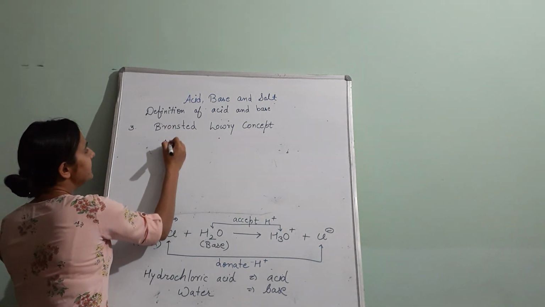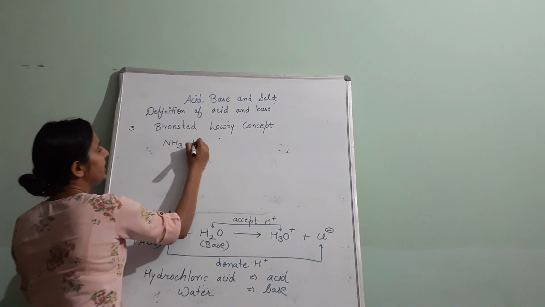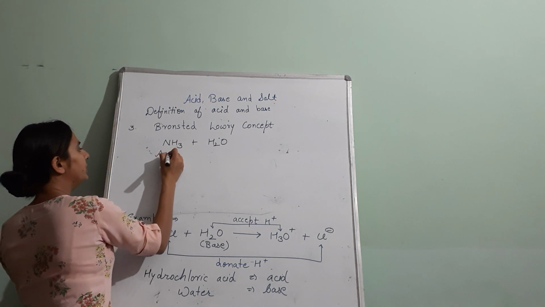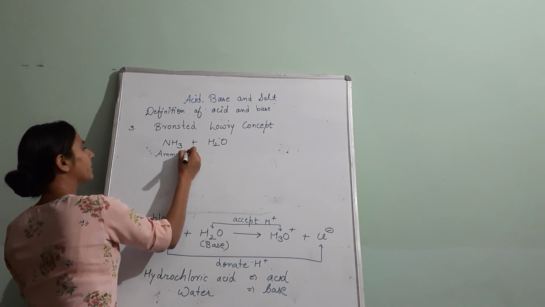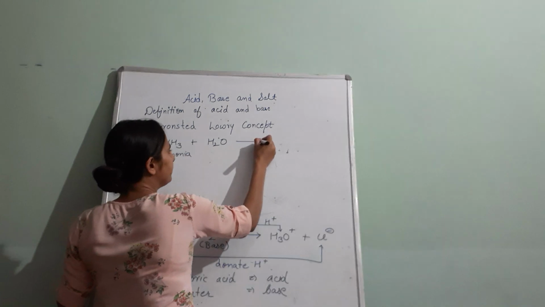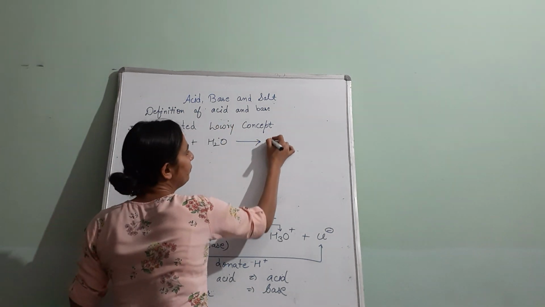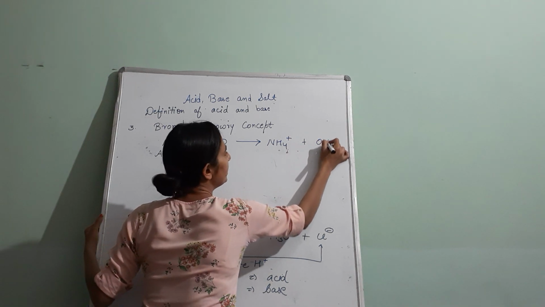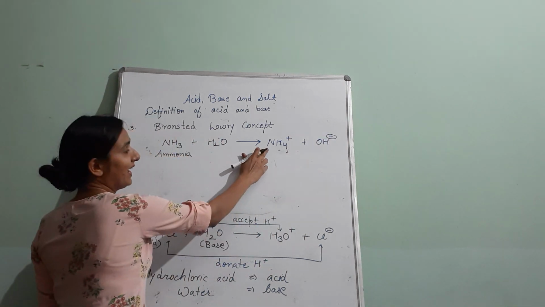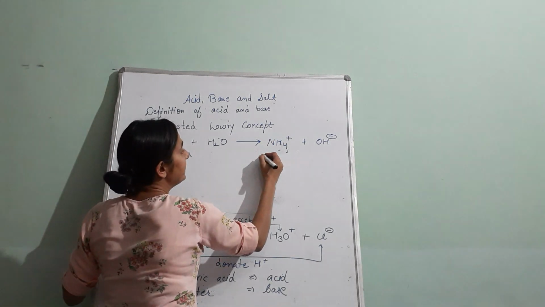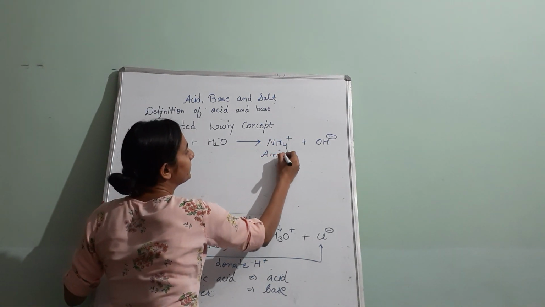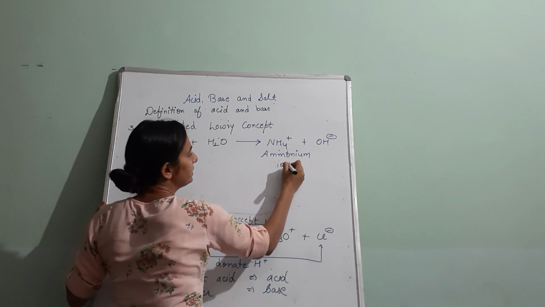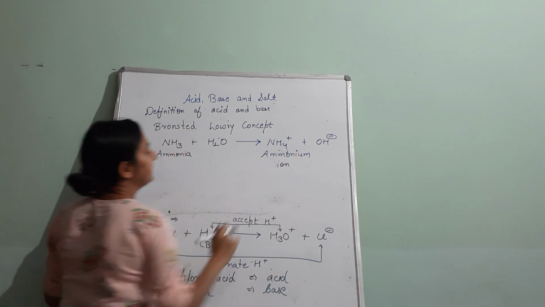Next example is NH3 when dissolved in water. NH3 is known as ammonia. It results in the formation of NH4 positive and OH negative. NH4 positive is known as ammonium ion.